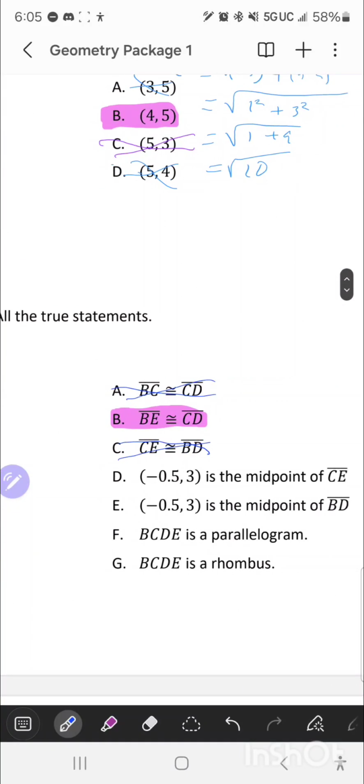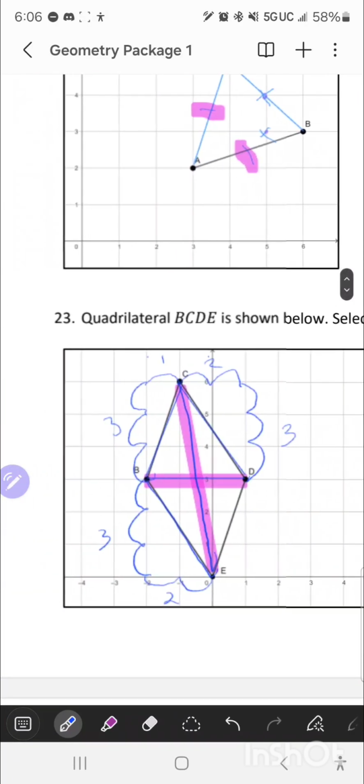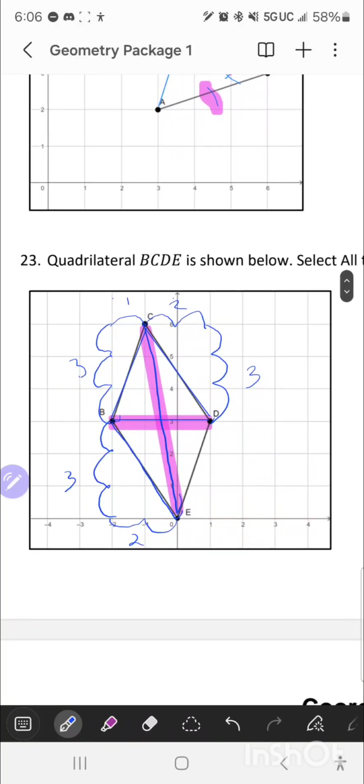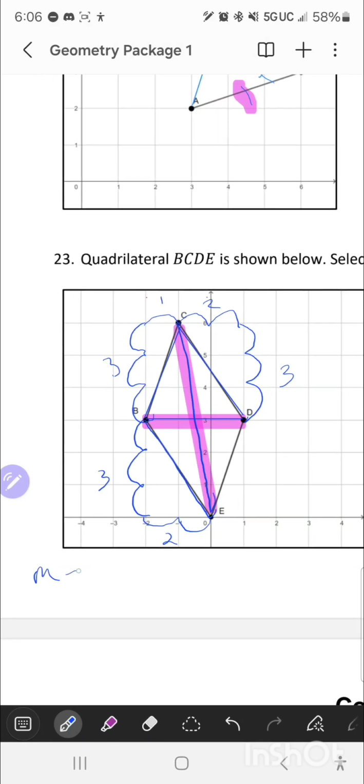Now, negative 0.5, comma 3, is the midpoint of CE. For this, we are going to use the midpoint formula. There's also another way to do it that doesn't need the formula, but it's complicated to explain if you're not a math person. So I'm just going to use the formula. So the midpoint equals x1 plus x2 divided by 2, comma, y1 plus y2 divided by 2.